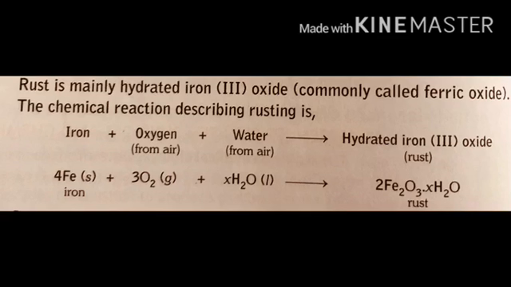The chemical reaction describing rusting is iron plus oxygen plus water gives hydrated iron 3 oxide, that is rust, in brown color. In symbols, 4Fe plus 3O2 plus H2O gives 2Fe2O3.H2O.